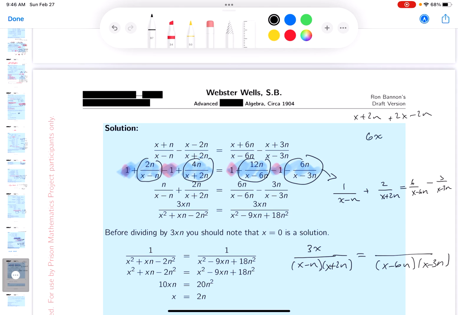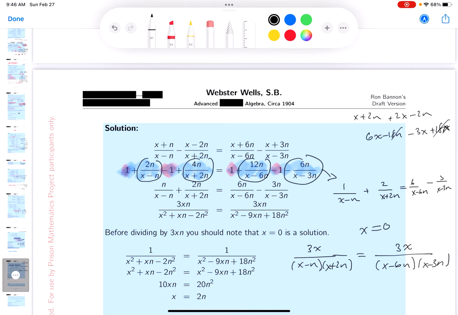What do you get? 6x minus 18n. Let's see, minus 3x plus 18n. Well, the 18n's disappear. You get 3x. Well, I noticed a solution to that, and x equals 0 is a solution to that problem.